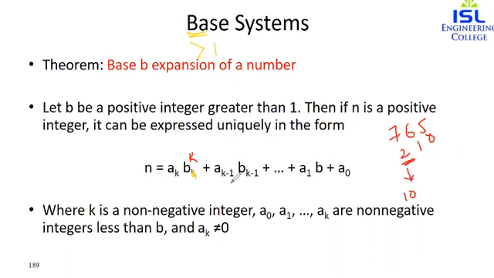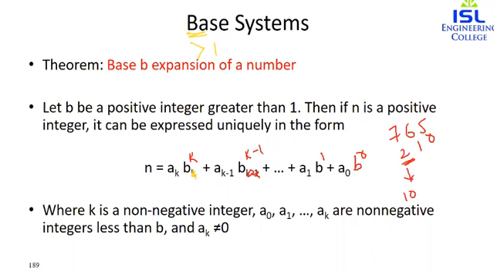Similarly, the k minus 1th term is multiplied with b power k minus 1, and the last term with b power 1, and after that b power 0, which we don't even need to mention, where k is a non-negative integer, a0, a1, up to ak are non-negative integers less than b, and ak is not equal to 0. To understand this, we can take an example.